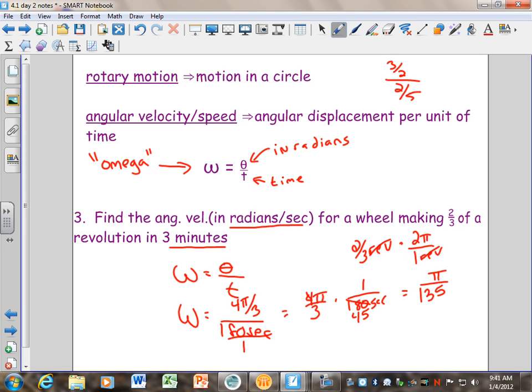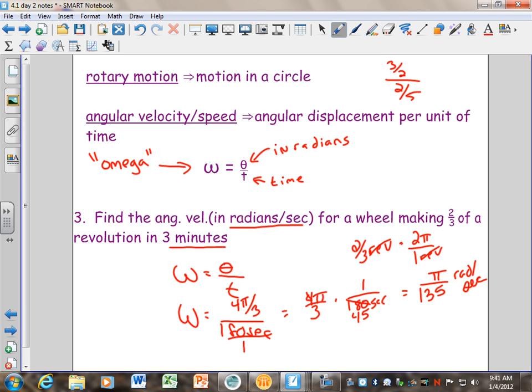Yeah, pi over 135. And the units are radians per second. So we have pi over 135 radians per second. If you want to put that as a decimal, you can. I think exact answers are better, so I keep pi in it as much as possible.